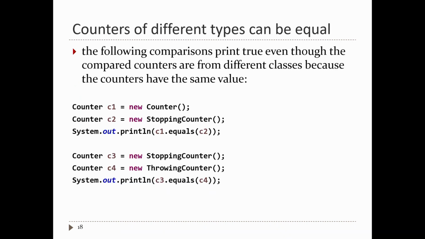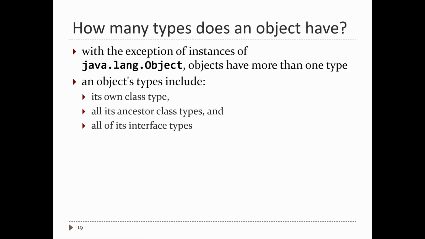All right. So there's something new there that we haven't talked about yet. And so the something new part is, if you have an object in Java, how many types does it actually have? Unless you have a big O Object, all objects in Java have more than one type.